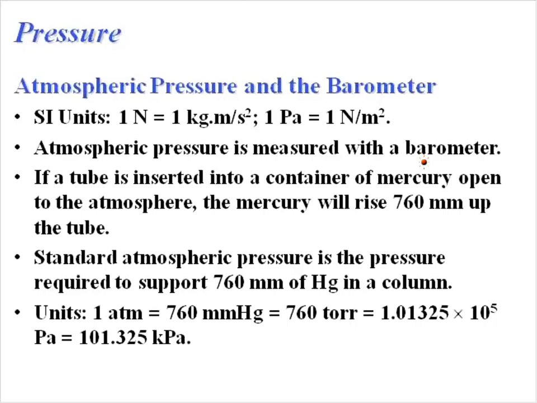And mercury rises due to pressure. You are trying to measure atmospheric pressure, and how do you do that? You look at the mercury height. Mercury rises. Now why does it rise? We will discuss all that. Right now you just take it that because of the atmospheric pressure, mercury rises. How much?